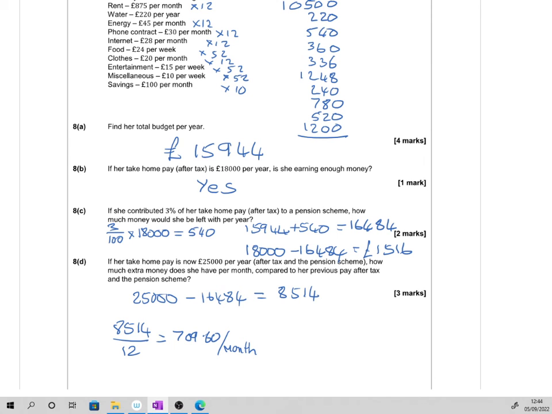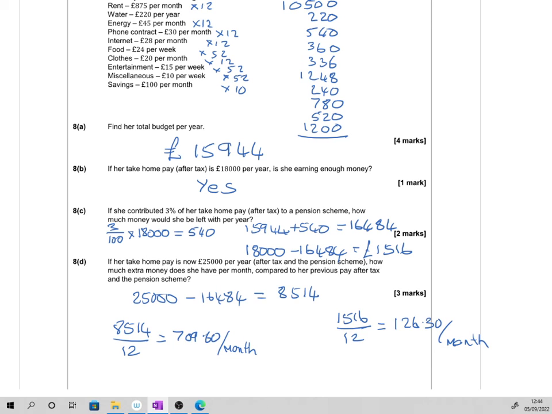And before, she had 1,516 divided by 12, which is £126.30 per month left over.